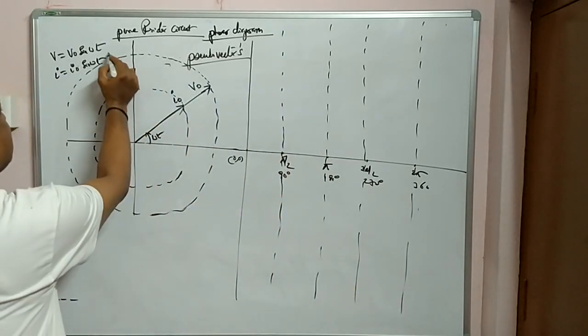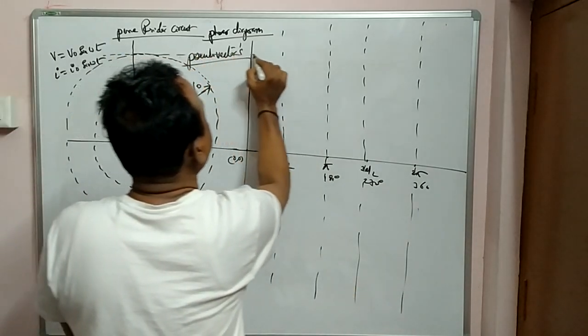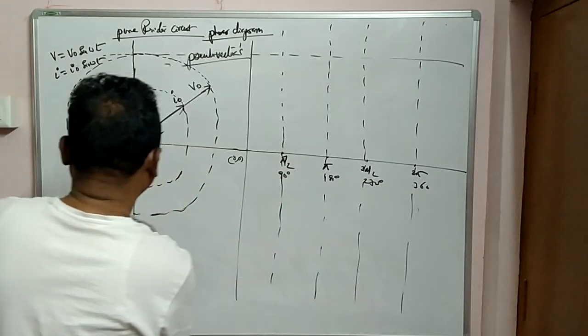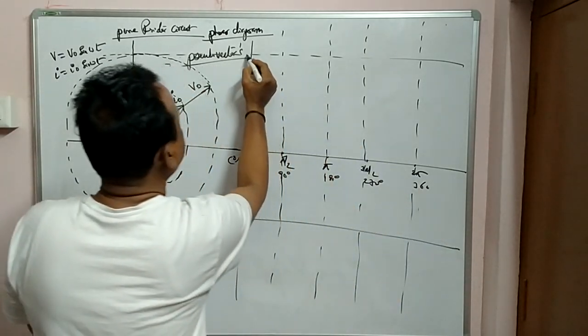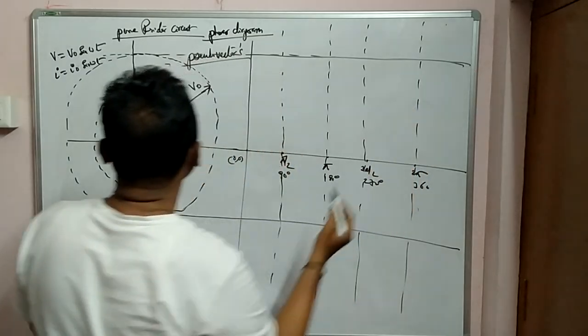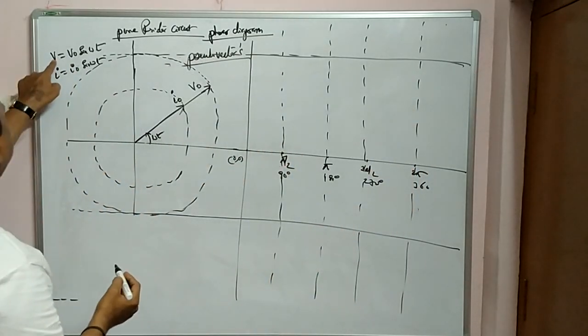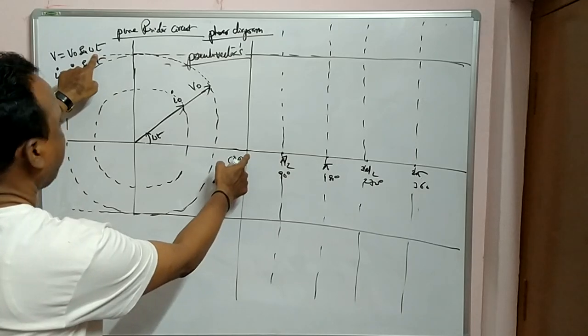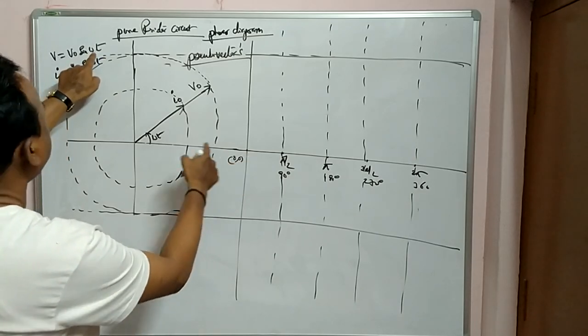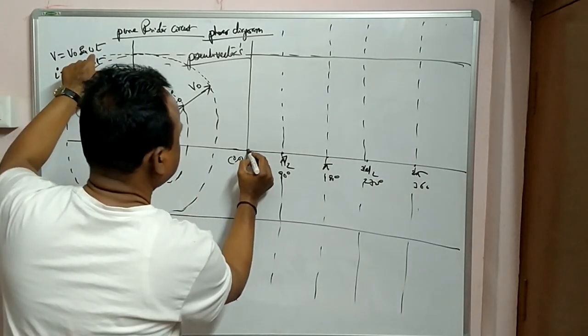Now see, this is the maximum value of voltage, and here the maximum value of the voltage. Here is the maximum voltage. Now what is voltage? V is equal to V0 sin omega t. So put sin 0 angle. Sin 0 is 0.